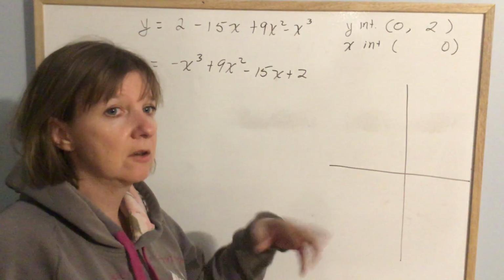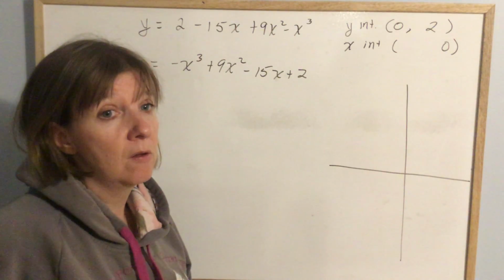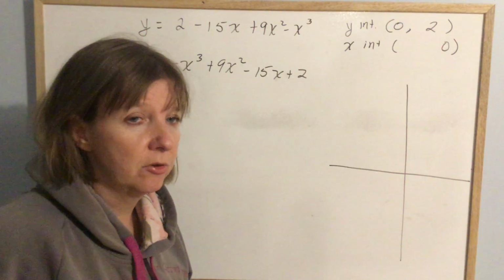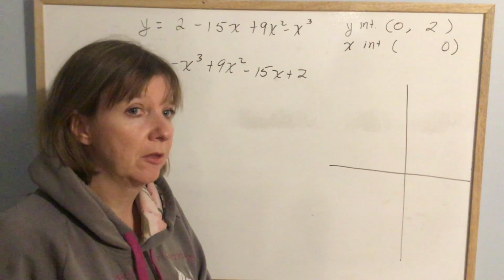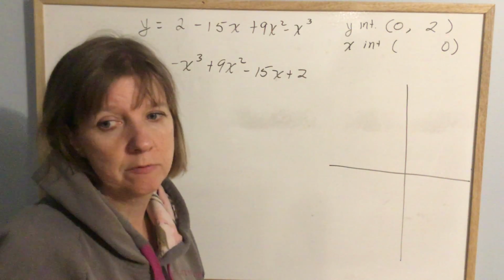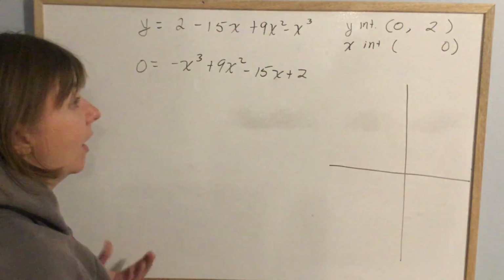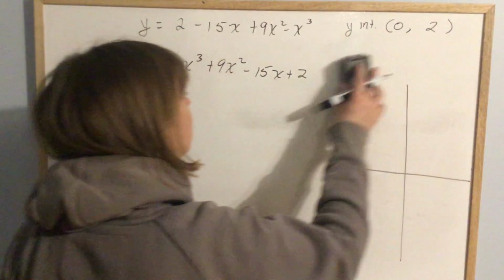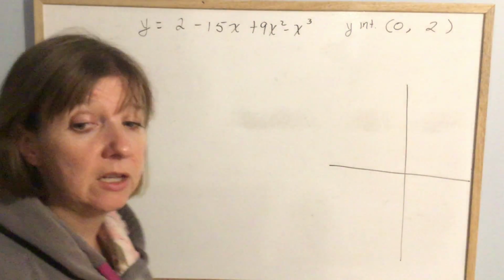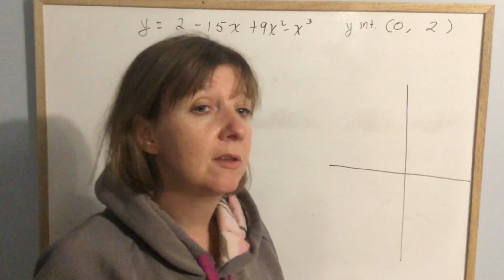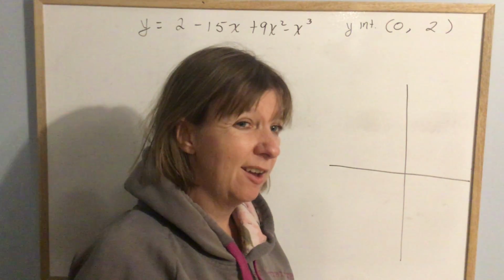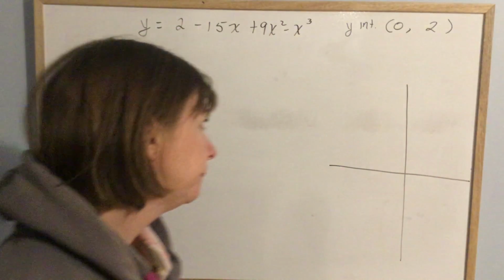I'd have to do synthetic division. It would get very, very long. I'm not going to bother to do that. You don't need to bother to do that. I'm not asking that of you, okay? So I'm not going to bother to find the x-intercepts. Likely, it will be easy to tell when I do it anyway, an approximate of where they are.